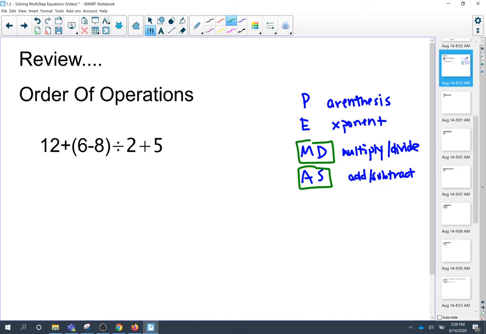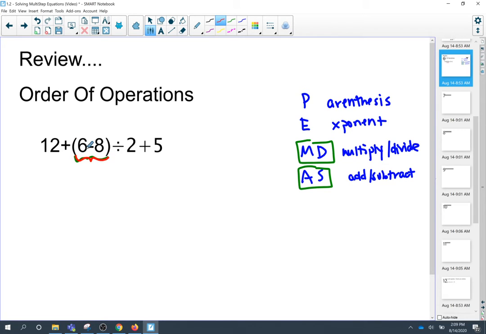Now, let's take a look at what this actually means. If I'm looking at my expression over here and I want to simplify it, I've got a whole lot of things to do. So the question is, well, what do I do first? We go to our checklist. P, do I have parentheses? Yes, I do. So I have to do what is inside those parentheses before I do anything else. So I'm going to come over here.